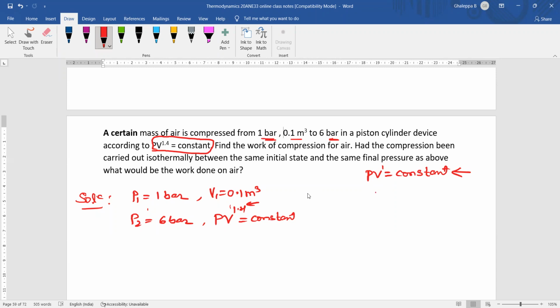Then what? How to find out the equation using P1 V1 is equal to P2 V2 to the power n? Here M is constant, R is constant, but PV is not constant, pressure is not constant, volume is not constant.